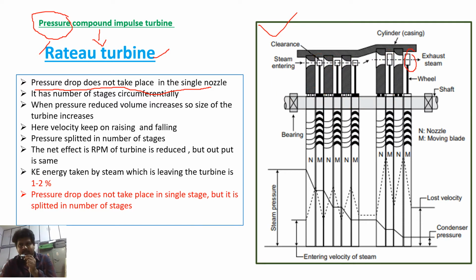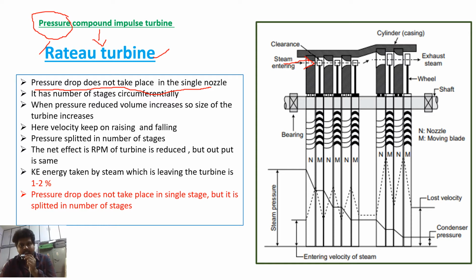So now let us see the working of the Rateau turbine. As we know, from the boiler, the steam will enter into the nozzle. The function of the nozzle is that the potential energy of the steam is converted into kinetic energy, so the velocity of the steam will increase.